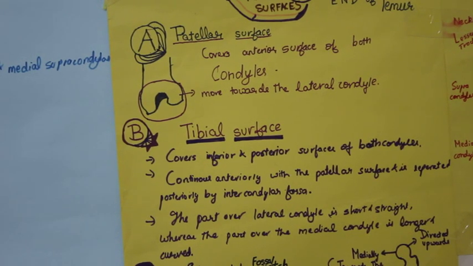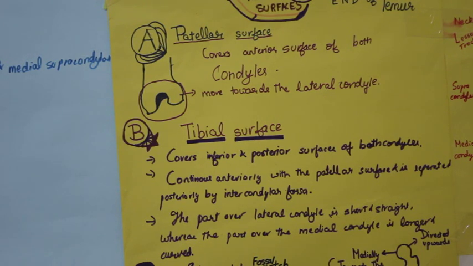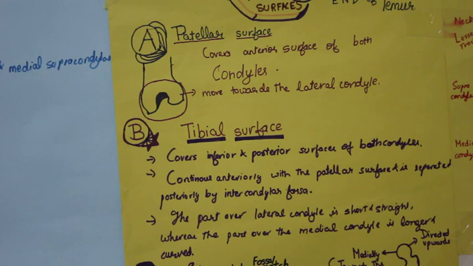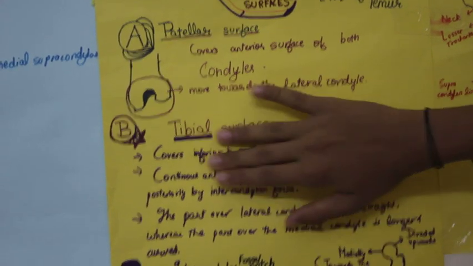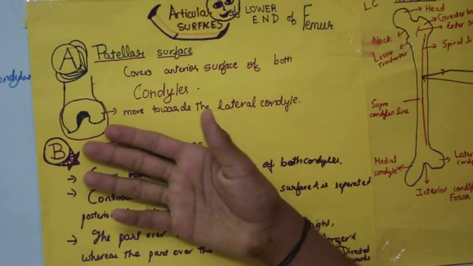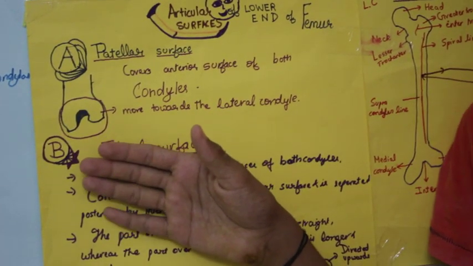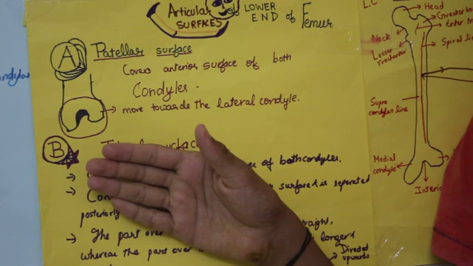Is it located in the front, back, or lower or higher? Front and higher. Correct. Very correct. Now, where is the tibial surface located? Tibial surface is located in the low and the back.